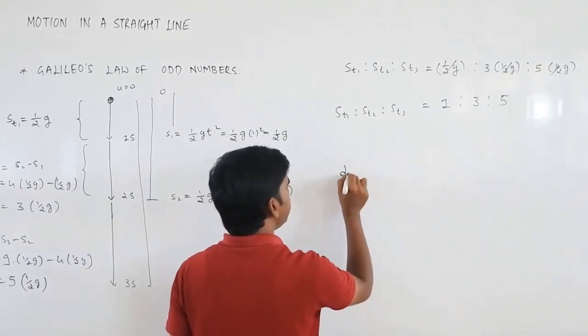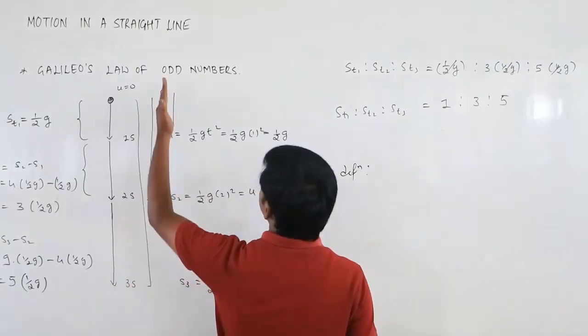So what I can write as the definition of Galileo's law of odd numbers.